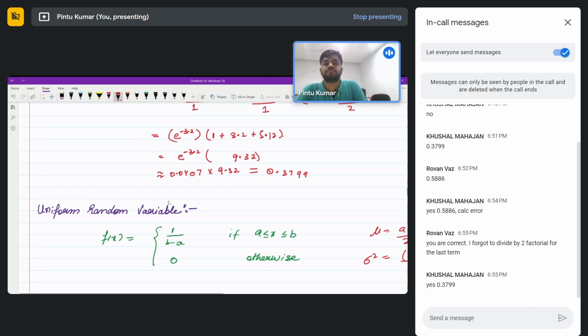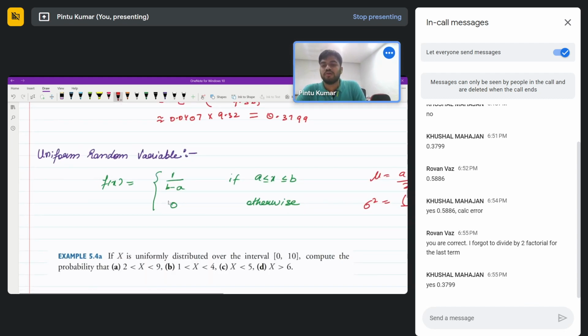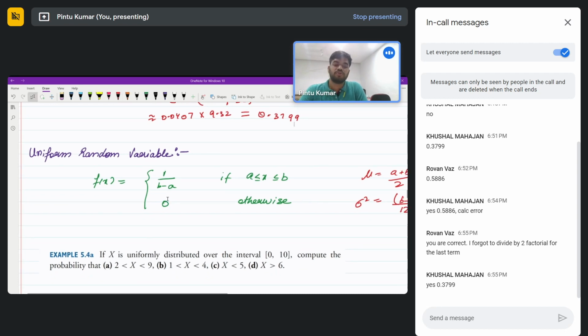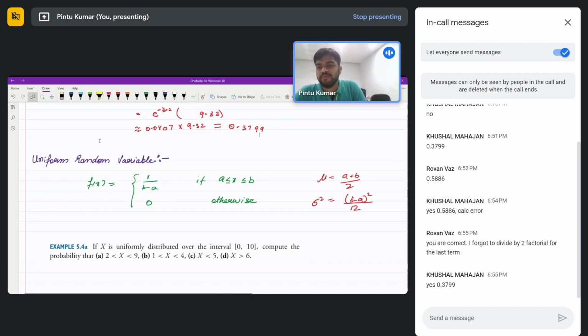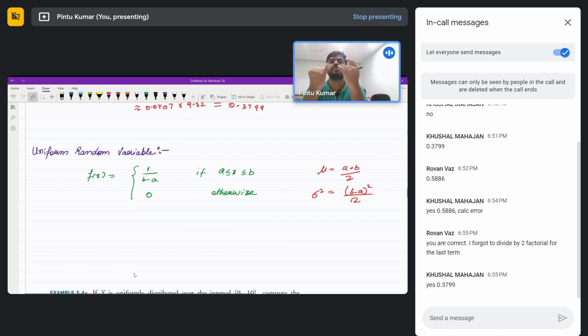Okay, so now let's move to something known as the uniform random variable. Right till now, all the random variables we covered were discrete random variables because they were taking discrete values. An event can occur 1 time, 2 times, 3 times. But now we have moved to uniform random variables.